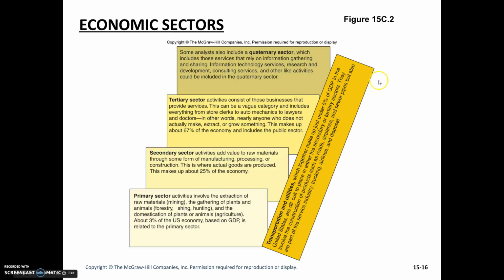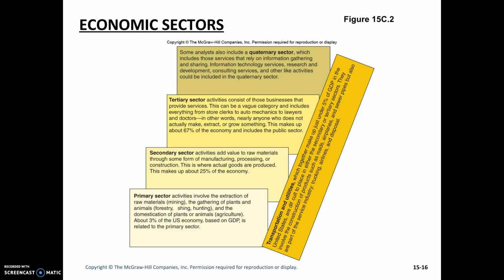Outside of that, and what the government is most responsible for, is providing a framework for all that economic activity to happen, and that is done by providing both transportation and utilities. All right. So while it's only about 5% of the U.S. GDP, you can't really do anything here or here without the government or some entity providing transportation, roads, railroads, airplanes, or anything else to get things from place to place.